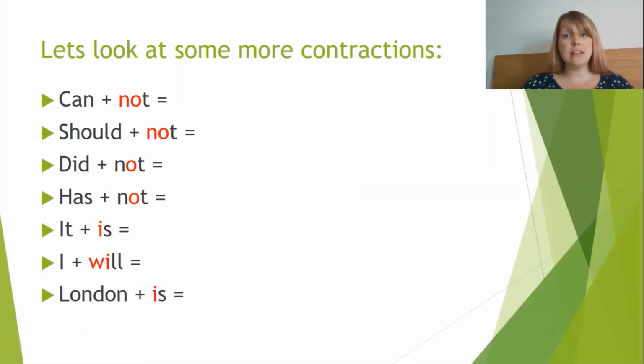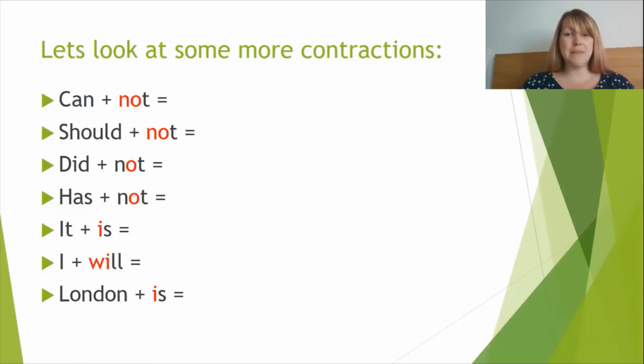Has not into hasn't. It is into it's. I will into I'll. And London is into London's. Now, remember that an apostrophe replaces the red letters. Pause the video now and have a go at writing those words as contractions.